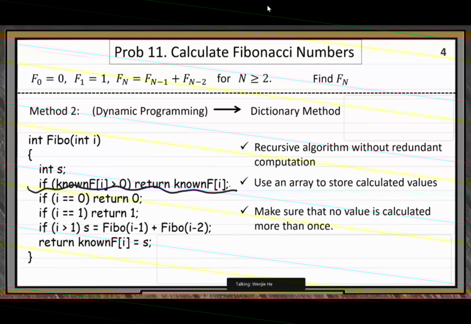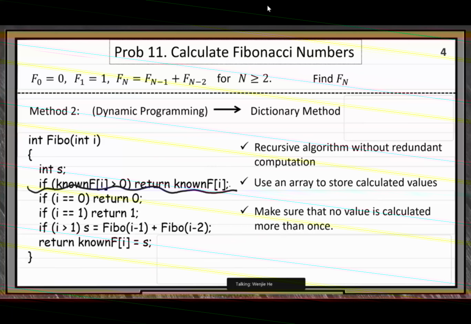So after you learn this example, later, when you solve problems by recursion, you need to think about whether your recursion contains redundant calculation. You need to investigate at least a little bit.